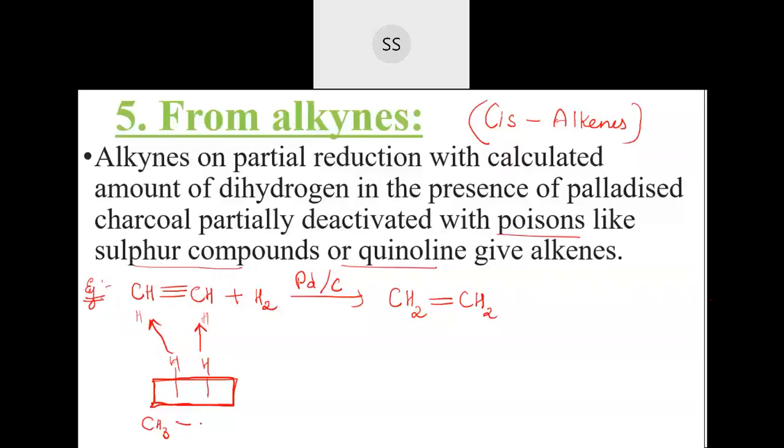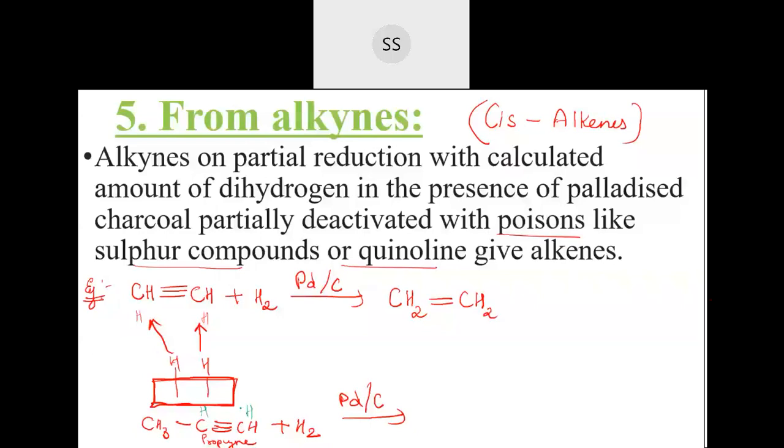If I take some other compound also now, like if I take CH3, C triple bond CH plus hydrogen, that's propyne. Okay, this is propyne. So if I take propyne and then make it react with hydrogen in the presence of Lindlar's catalyst, then again hydrogen, direct addition over here, okay, this side. You can add one hydrogen over here and one hydrogen on this side, okay, direct addition takes place, but on the same side it takes place, okay.